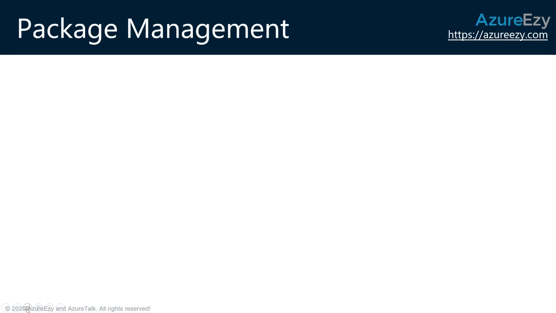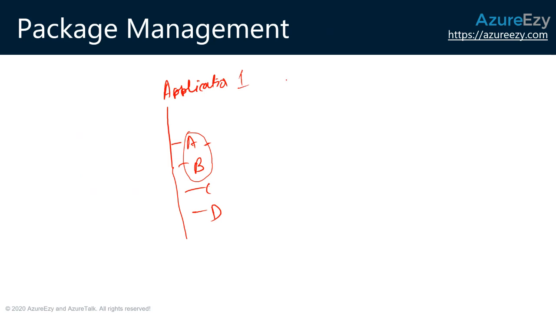Suppose you have an application which has certain things, A, B, C, and D, that you need to implement. Suppose this is application 1. Now there is another application, within the company or outside on the internet, which is application 2, and this must be implementing E and F, but there is a common thing, which is A and B.